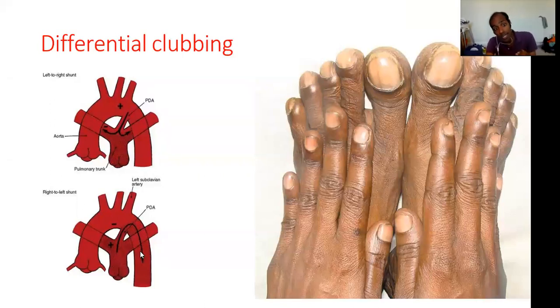But deoxygenated blood is going to the lower limbs, because the PDA is causing a right to left shunt, so it enters predominantly the lower limbs. So you get clubbing in the lower limbs only. This is called differential clubbing. It's a bit of an interesting finding. Okay, it occurs in a reversal of a patent ductus arteriosus.